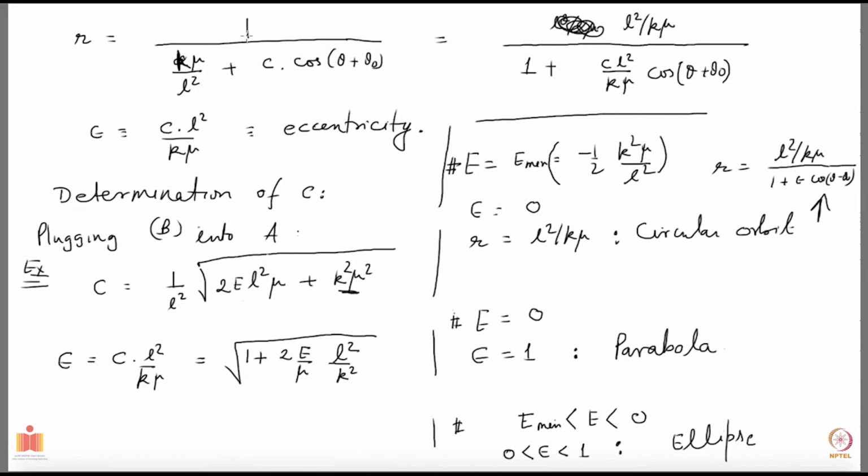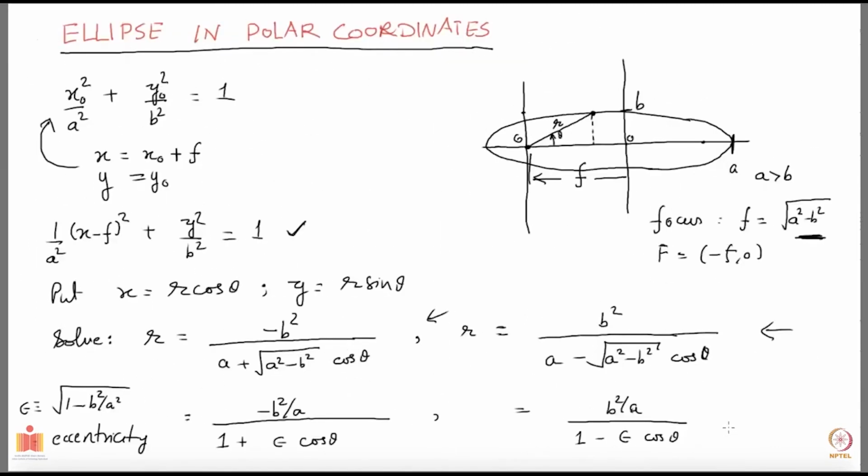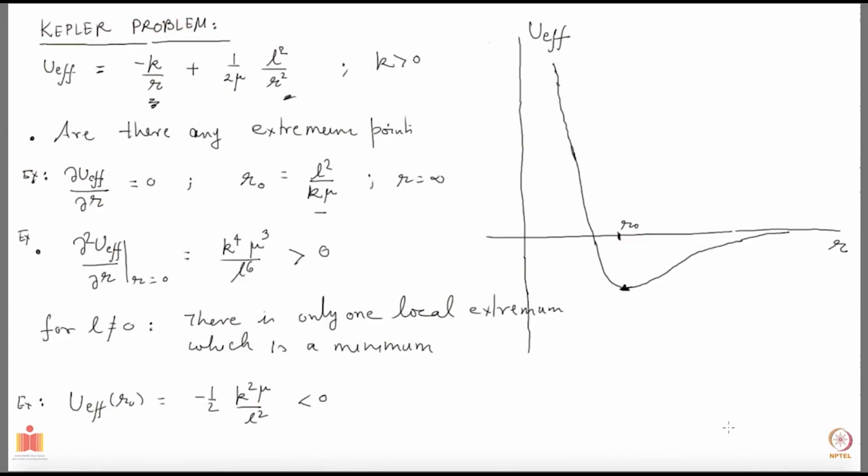And if epsilon is greater than 1, you have a hyperbola. So an ellipse is a closed curve and a hyperbola is open, and this is consistent with what we already expected from our energy diagram.